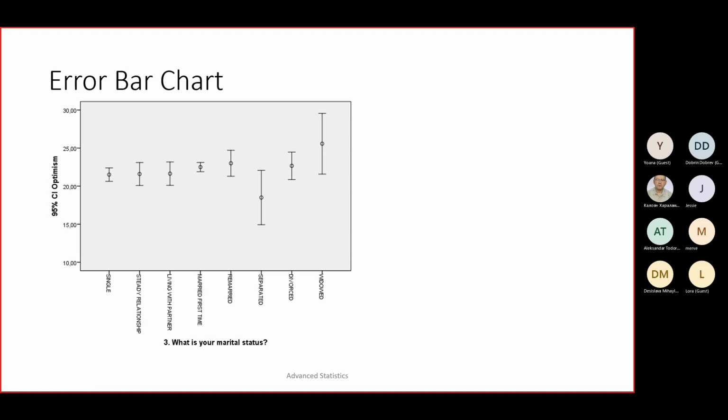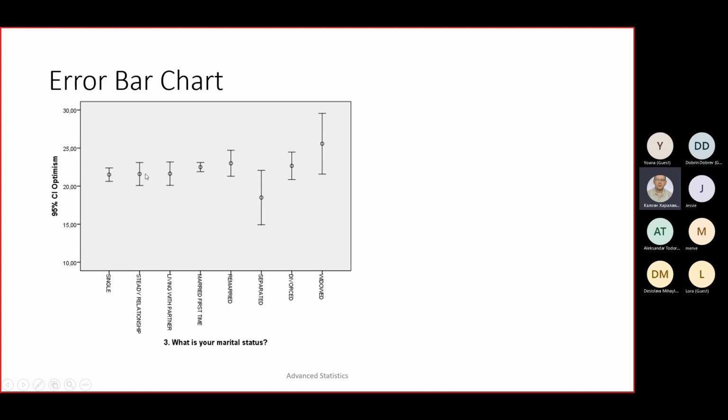And that means that there is relation. So here on this chart, we could see that maybe between single and a steady relationship, there is no statistically significant difference because the difference between means is smaller than errors.